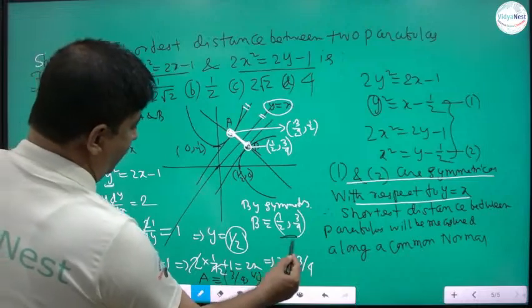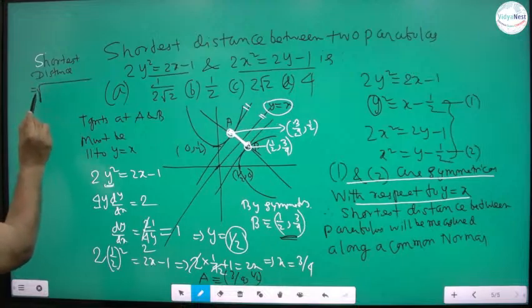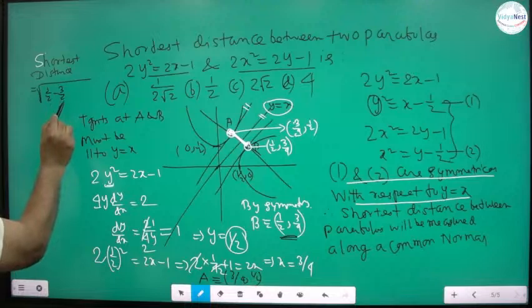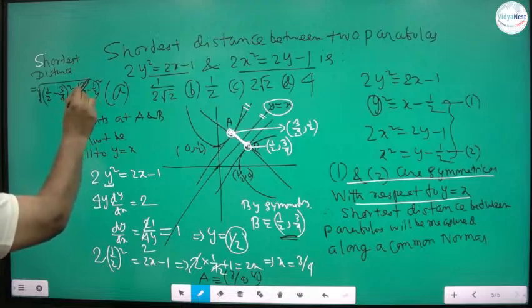Now got point B. By distance formula, half minus 3 by 4 and 3 by 4 minus half. That will give us what?